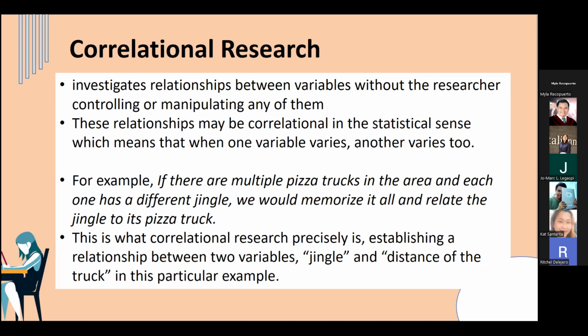Let's say, for example, if there are multiple pizza trucks in the area and each one has a different jingle, we would memorize it all and relate that jingle to its pizza truck. So let's say for example, yung mga nakaka-last song syndrome na mga jingle, Manong Sorbiteros or yung mga Yakult, definitely you will remember the brand because of the jingle na ginagamit nila.